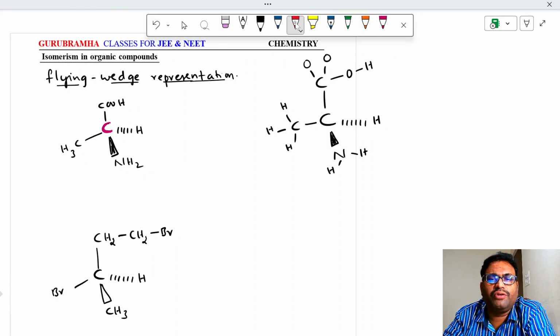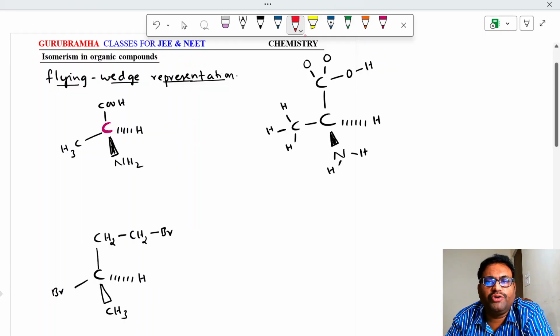Now you have to write the priority. How to decide the priority? This is a chiral carbon. So first we have to see the atoms directly attached to the chiral carbon.